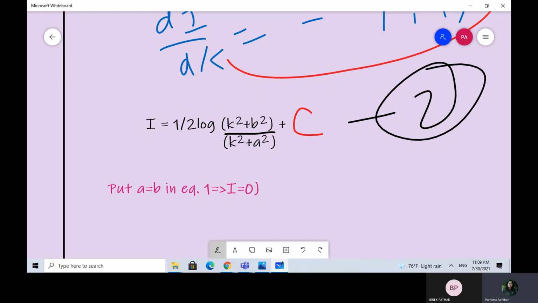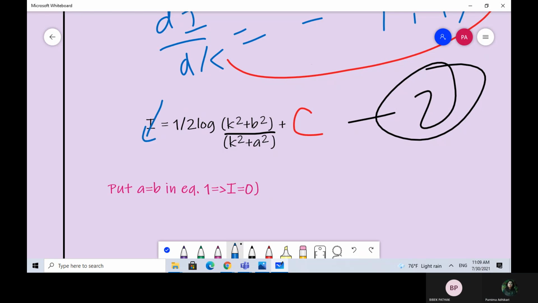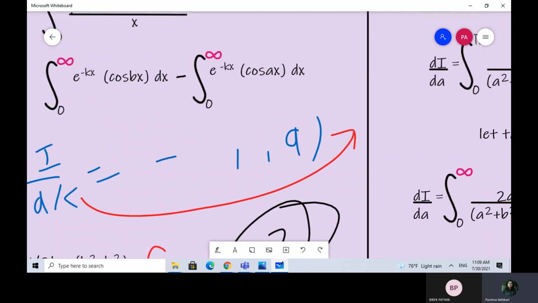With a equals to b, again log 1 is 0. So what is c here? c is also 0. In this case also the value of c is 0 in the second question. So put c equals to 0 and write down your result.